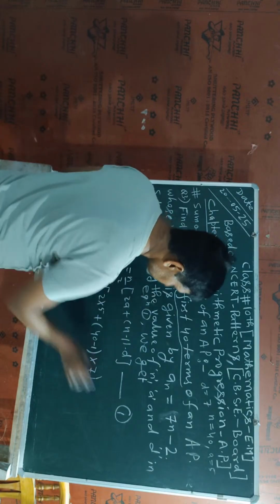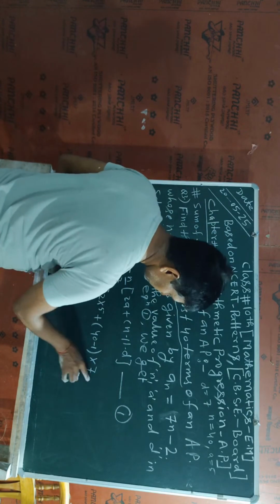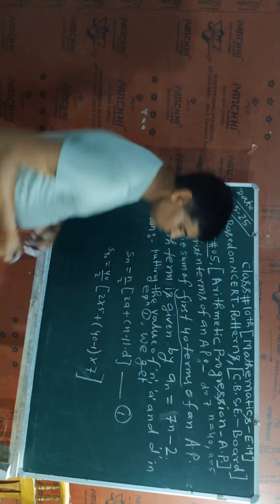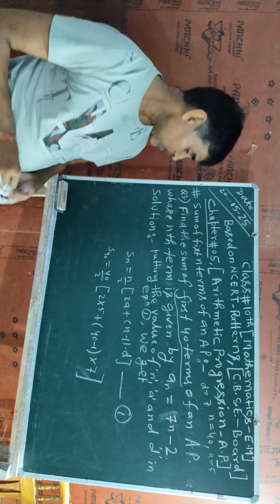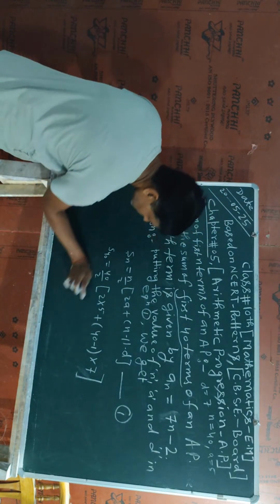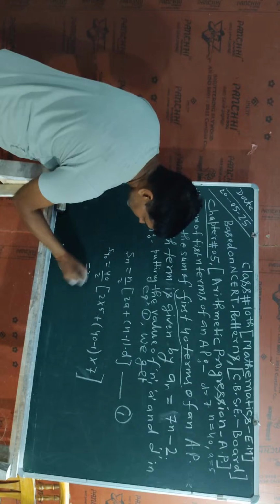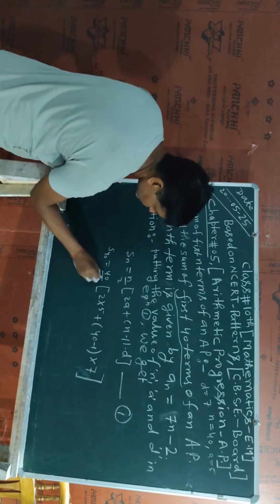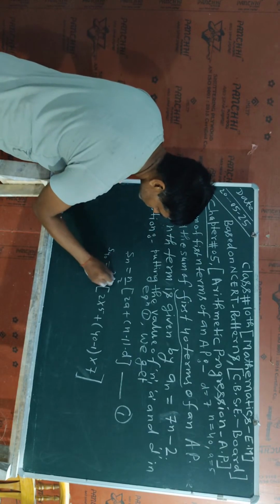Okay, students, so further I will simplify it. After simplifying, I will get a value, and that value will be the answer of this question. So 40 divided by 2 is 20.